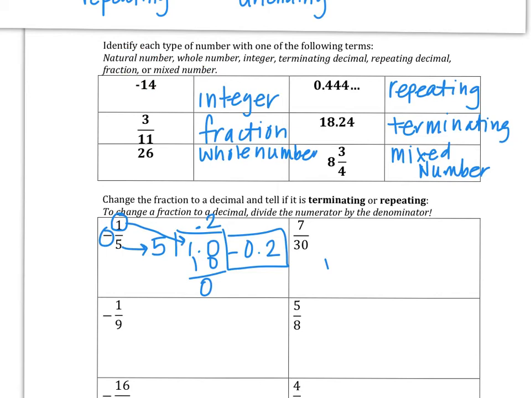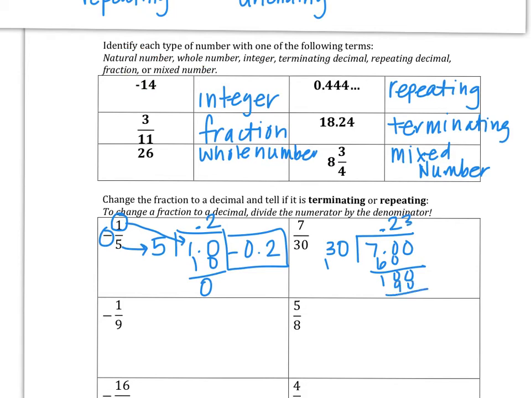7/30, so we would take our 7 and put it inside, and we're going to divide it by 30 on the outside. So 30 goes into, bring up our decimal, 30 goes into 70 2 times, 60, we get 10, 100, 30 goes into 100 3 times, and that would be 90.